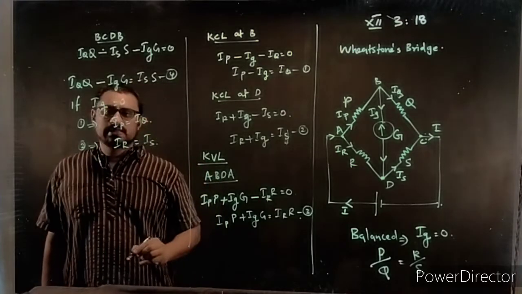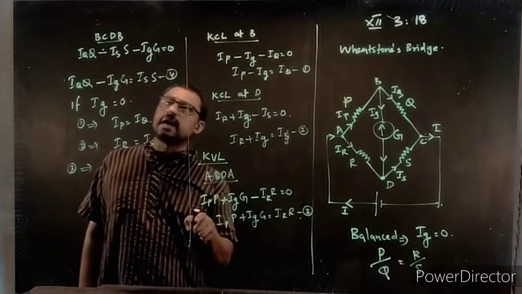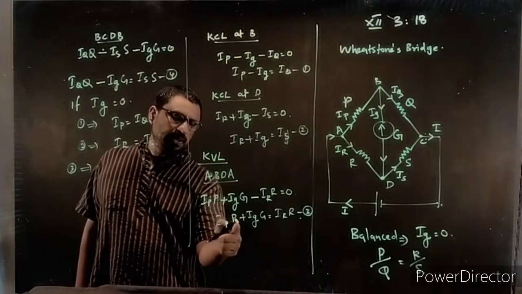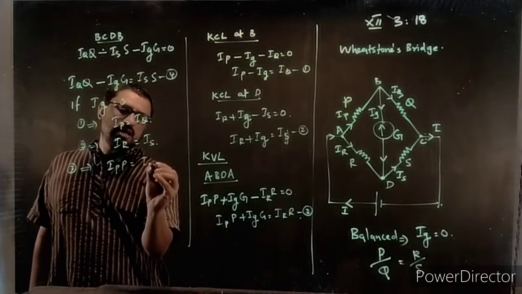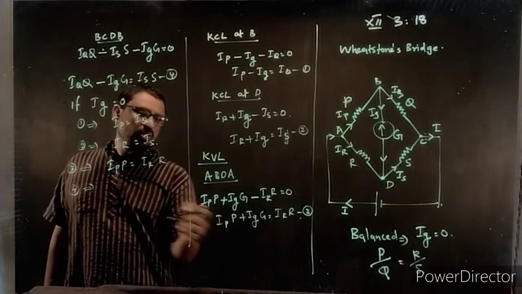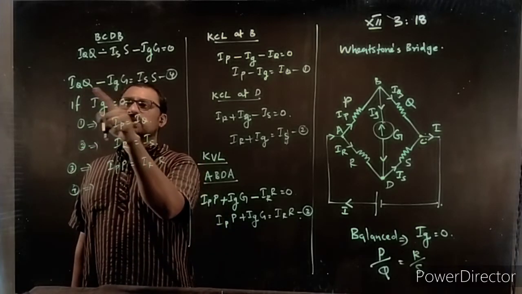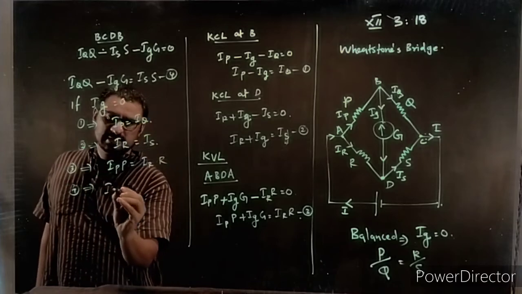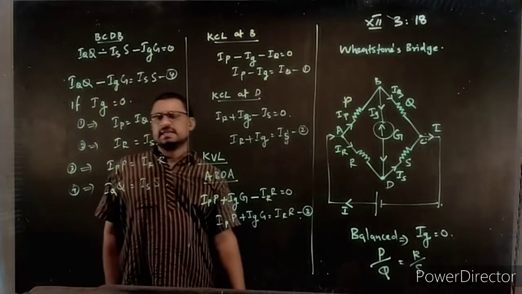IR equal to IS. Now 3 will give you what? Put IG equal to 0: IPP equal to IRR. That's good. Now 4 will give you, this one is 4, IG equal to 0, IQQ equal to ISS, isn't it?